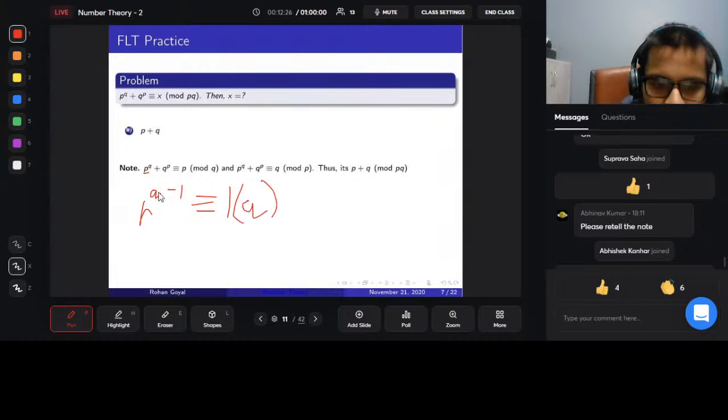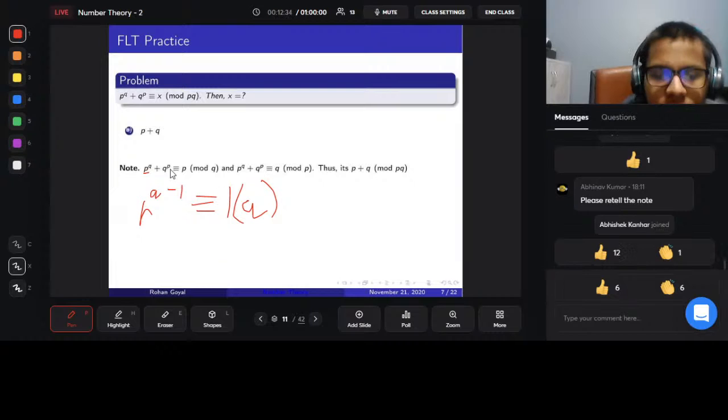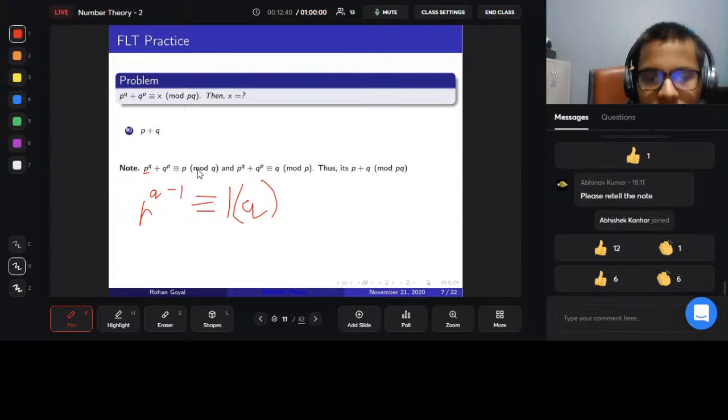So p to the q is congruent to p mod q because I can just multiply both sides by p. And q to the p is obviously 0 mod q. So p to the q plus q to the p is congruent to p mod q. Similarly it is congruent to q mod p. So mod pq, it's p plus q.